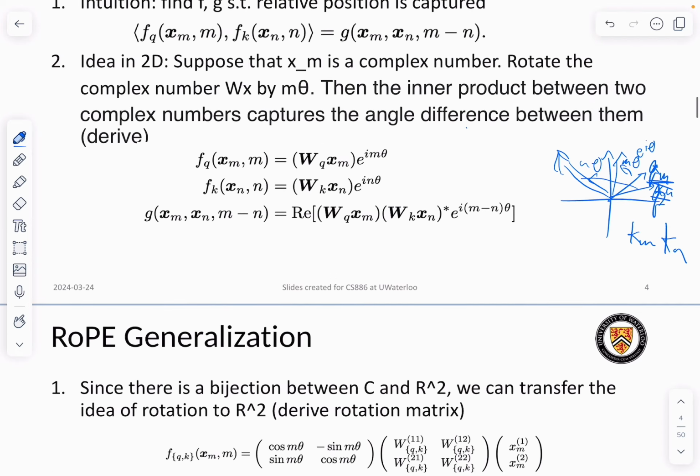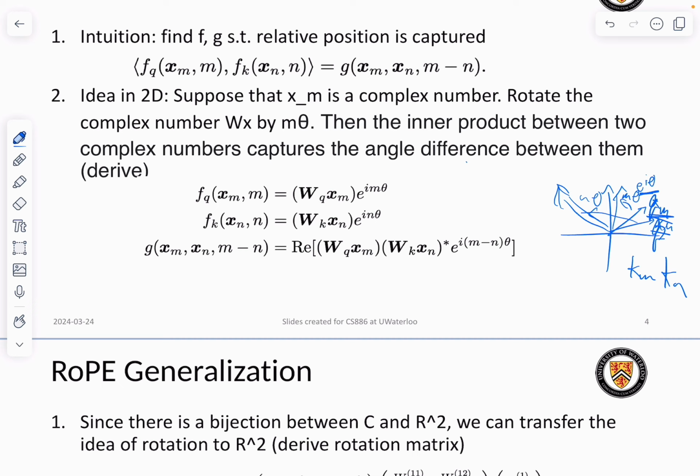The way we do that in the complex plane is by multiplying by e^(i m theta). If we consider the complex plane to be a bijection to the R^2 plane, first of all, e^(i m theta) is equal to cos(m theta) plus i sin(m theta).